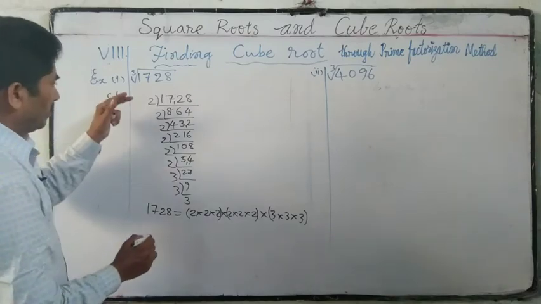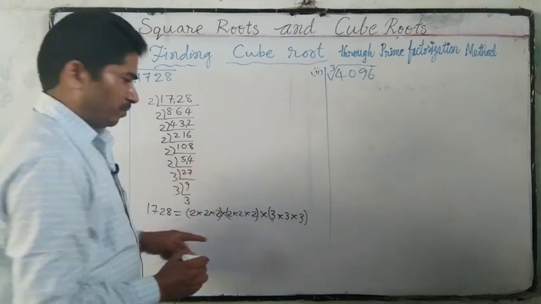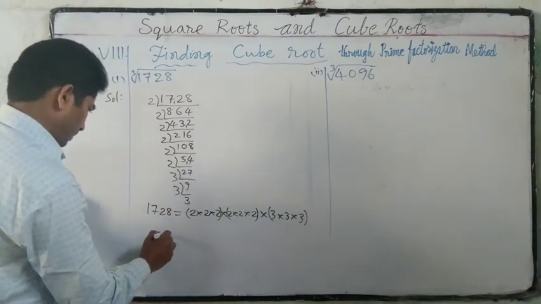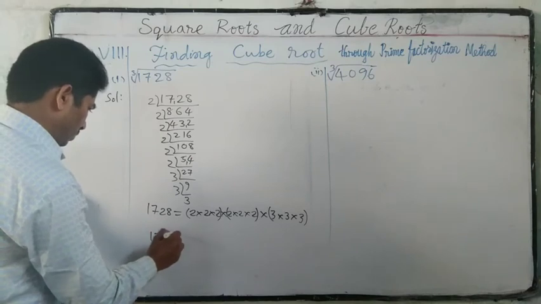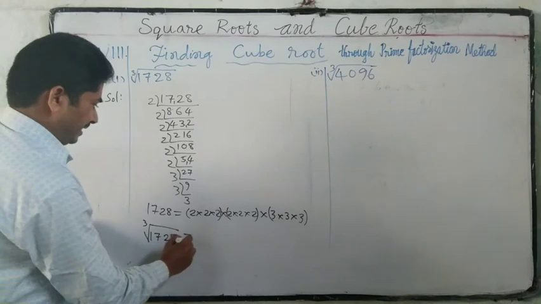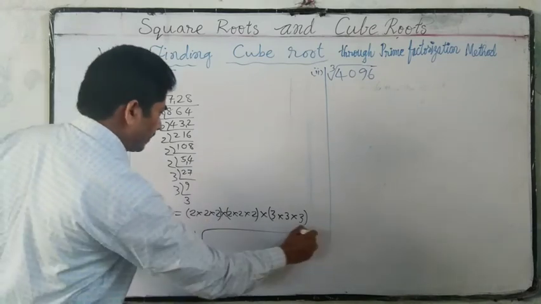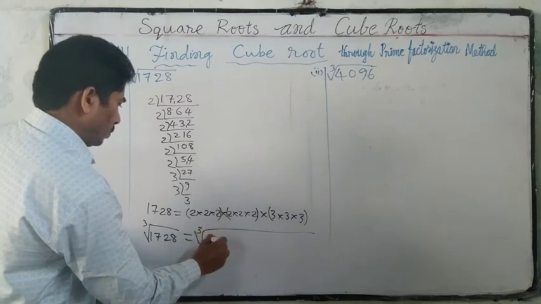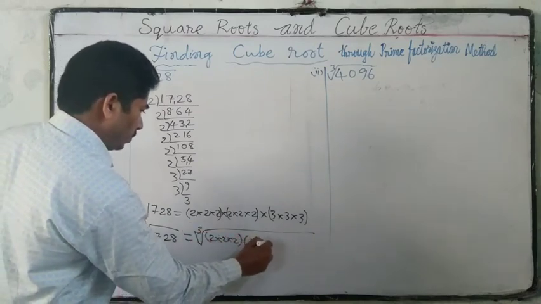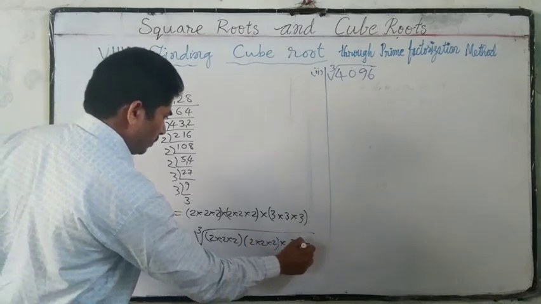To find the cube root, we have to choose one factor from each group. Cube root of 1728 is equal to 2 into 2 into 2, 2 into 2 into 2, 3 into 3 into 3.